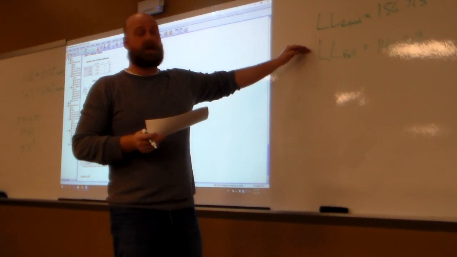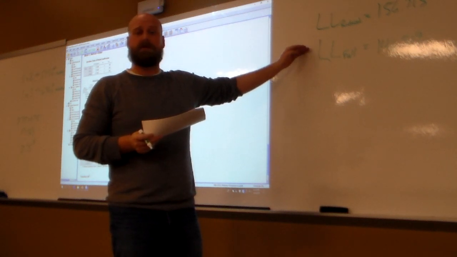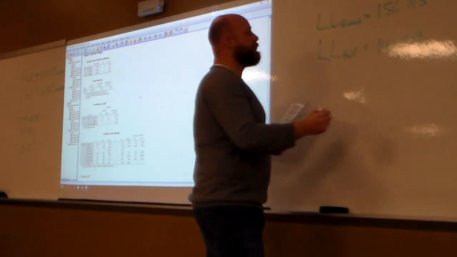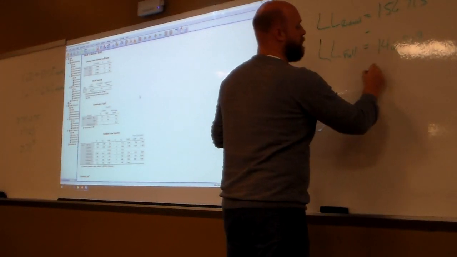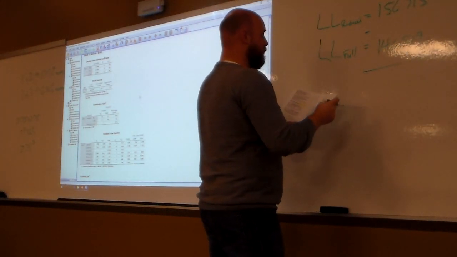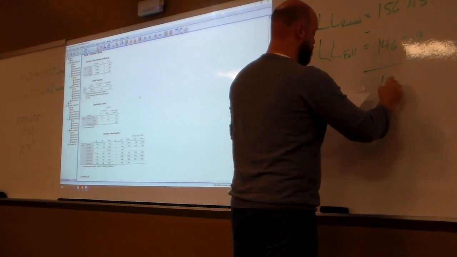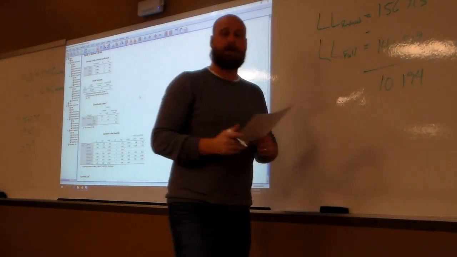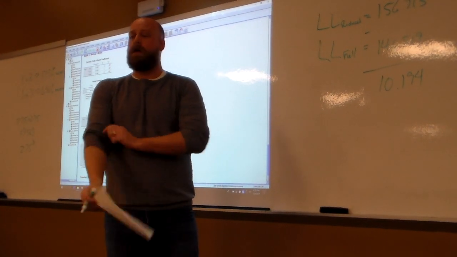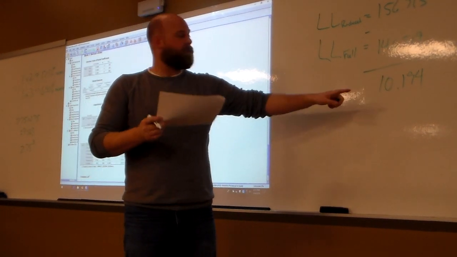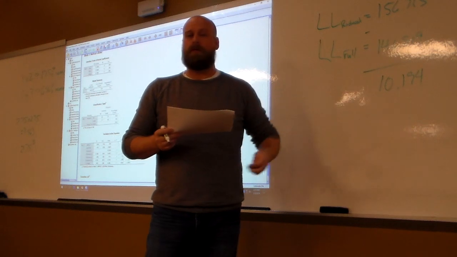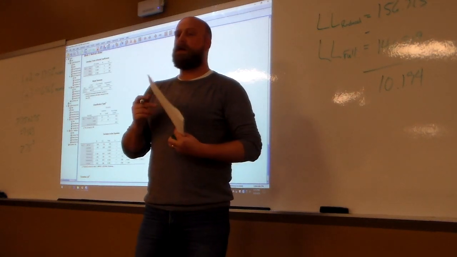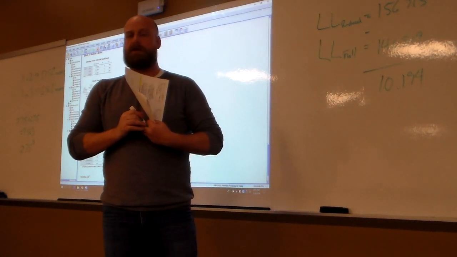This is my log likelihood for my full model that includes depravity. What I can do is subtract these. And this is going to give me a log likelihood difference of 10.194. Okay. And so what can we do with that log likelihood difference?